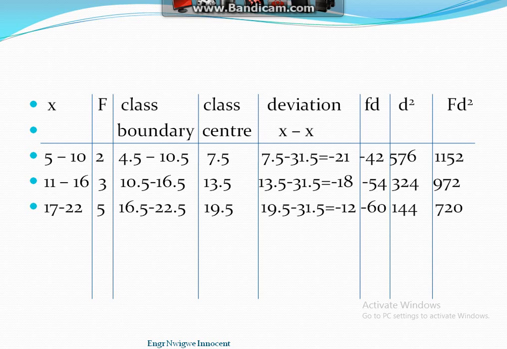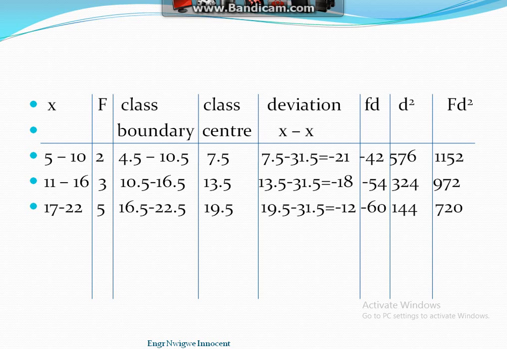The frequency times the deviation will now become 5 times minus 12, which gives us minus 60. The deviation squared will now become minus 12 squared, which will give us 144.